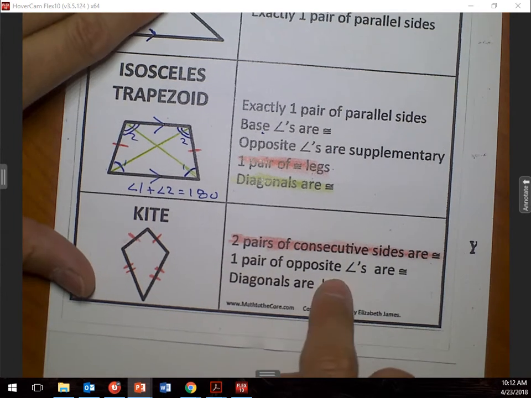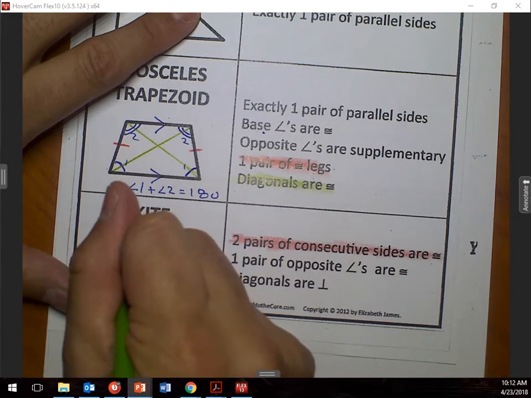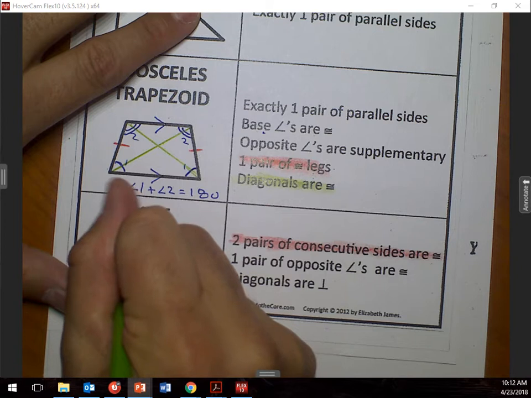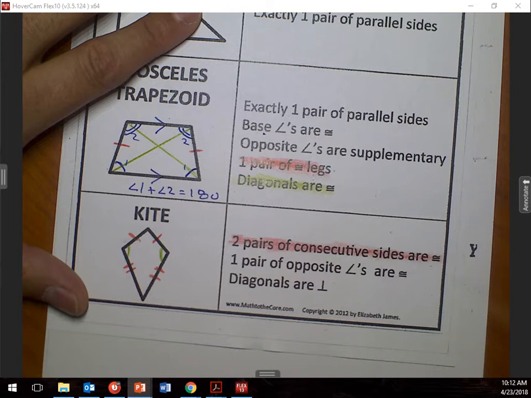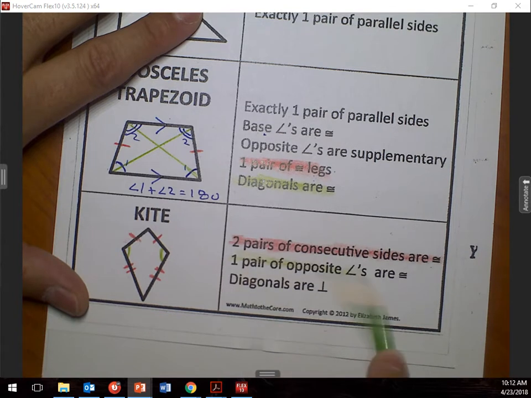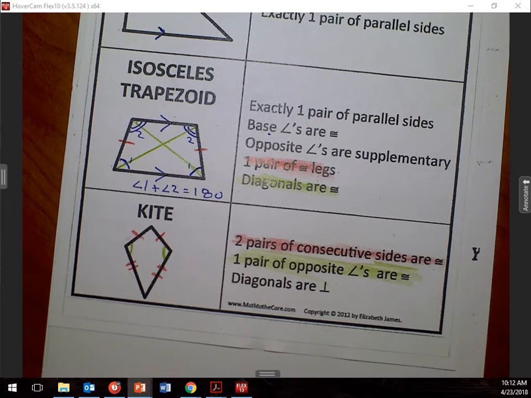One pair of opposite angles are congruent. So that's going to be, this one is going to be congruent to this one. And diagonals are perpendicular.